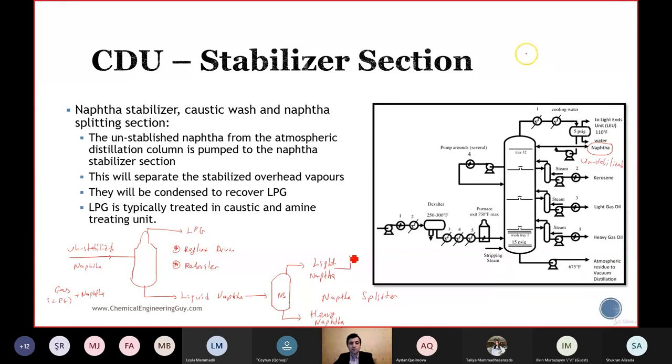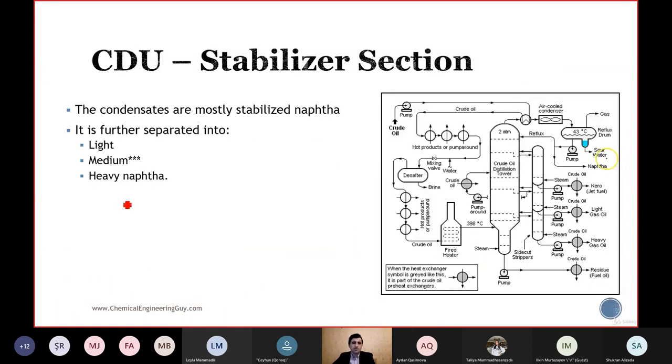Heavy naphtha is routed to the continuous catalytic reforming unit. This is the stabilizer section. We have the light naphtha. Most of the time we have the heavy naphtha. We don't have medium naphtha at Baku refinery, but you may find it in different refineries.